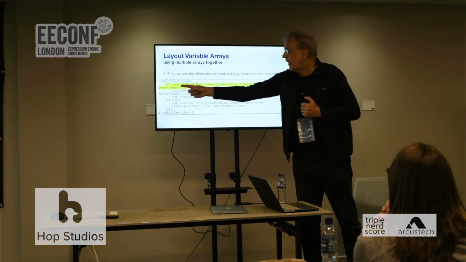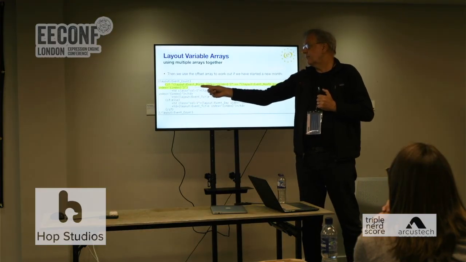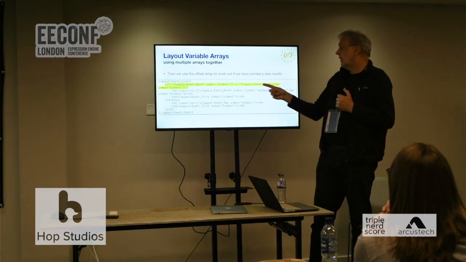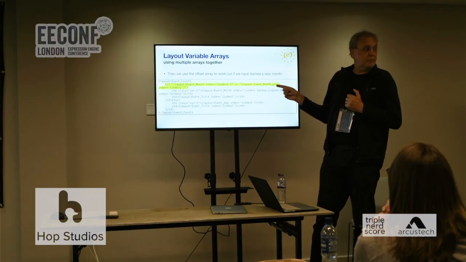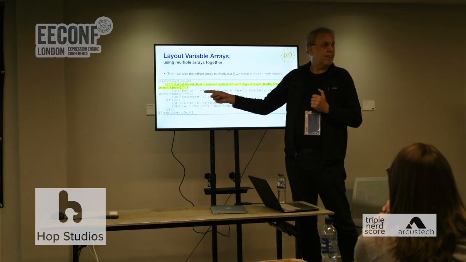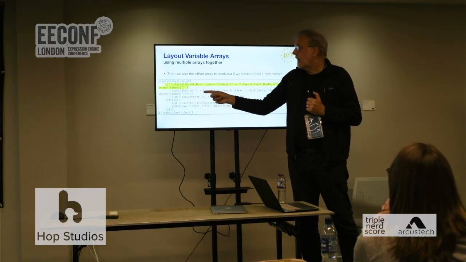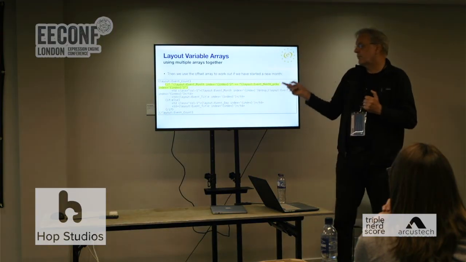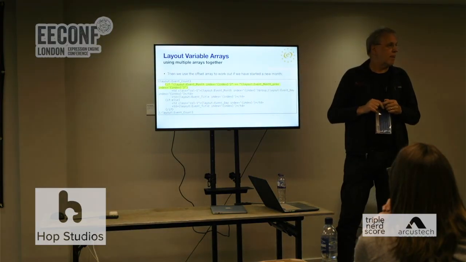It says, if the layout of event month for this instance of count is the same as the previous one, put in some content. If it's not the same, don't put any content in.